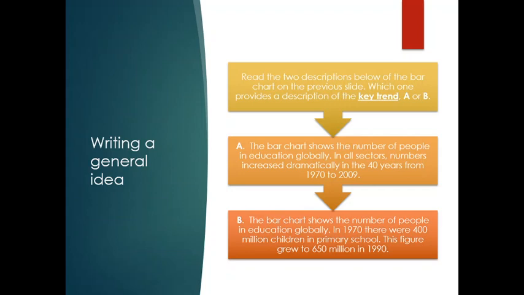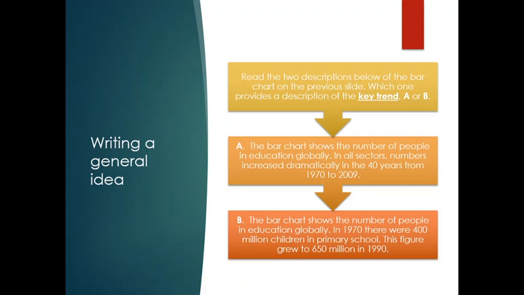Now, let's proceed to writing a general idea. Read the 2 descriptions below of the bar chart on the previous slide. Which one provides a description of the key trend? Is it A or B? The first one: the bar chart shows the number of people in education globally.